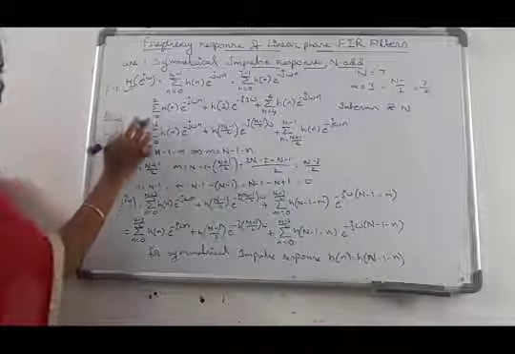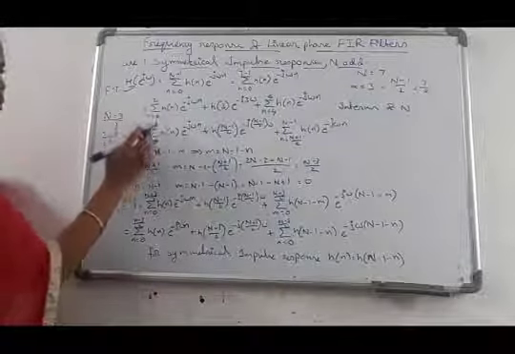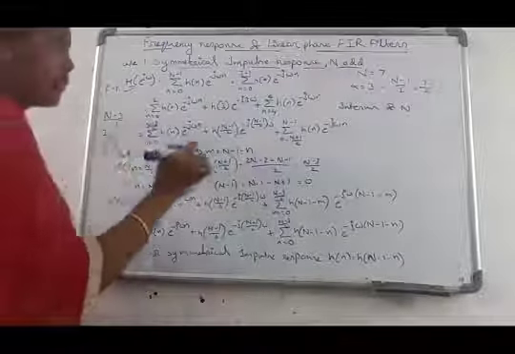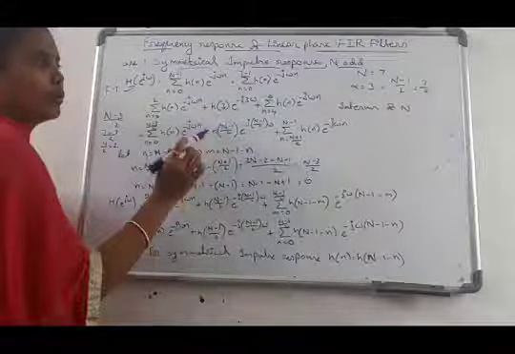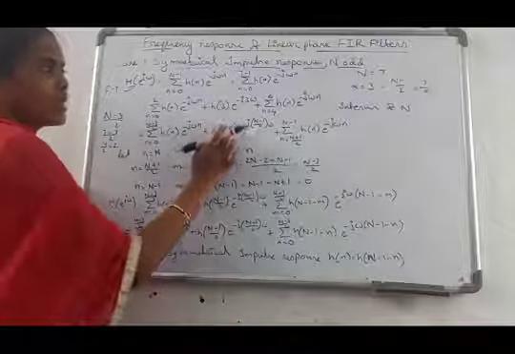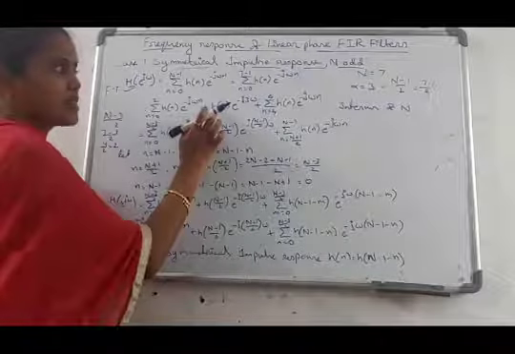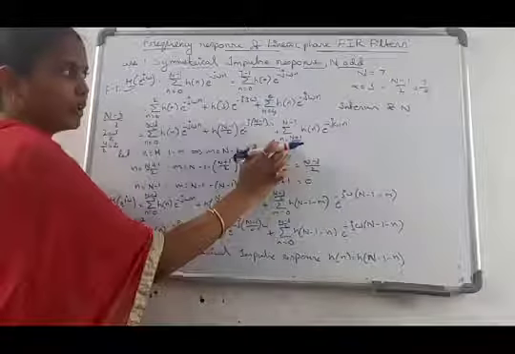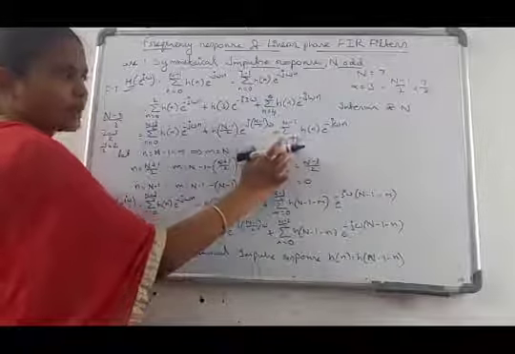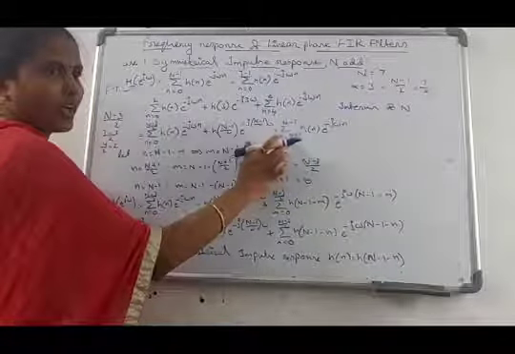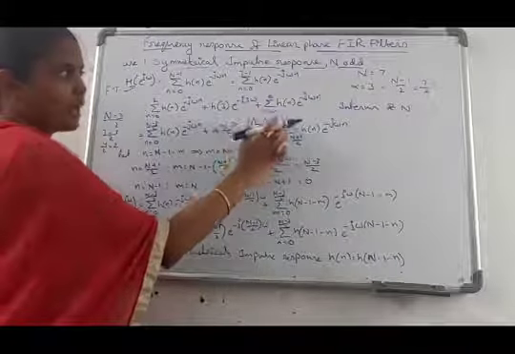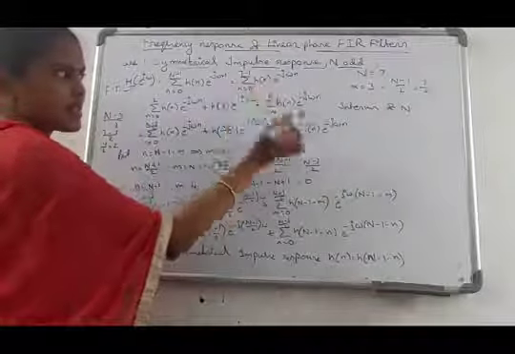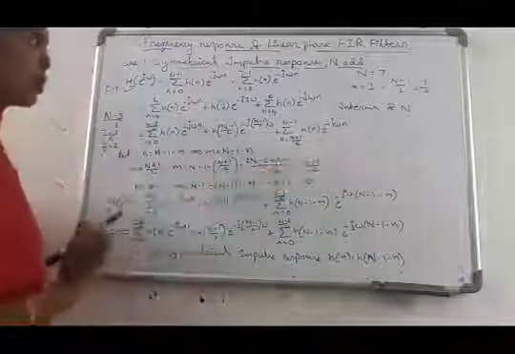So the first summation is n equals 0 to N minus 3 by 2. Now how to write 3 in terms of N? N minus 1 by 2: 6 by 2 is 3. Now 4 is N plus 1 by 2: 7 plus 1, 8 by 2 is 4. And 6 is N minus 1: 7 minus 1 is 6. So the last term is h of n e power minus j omega n.